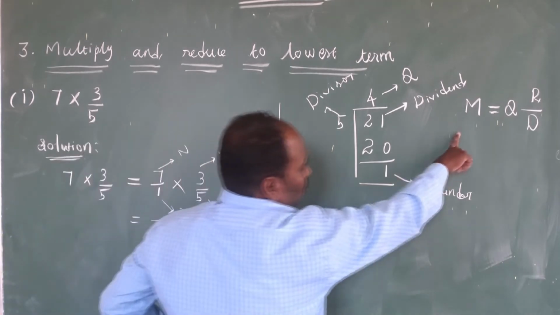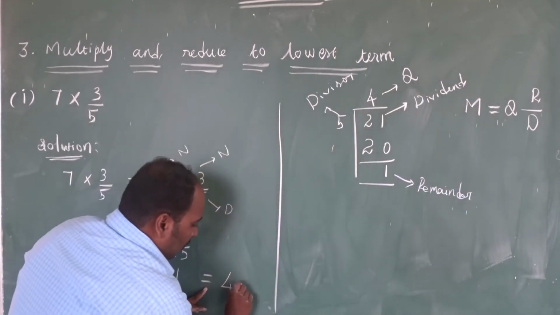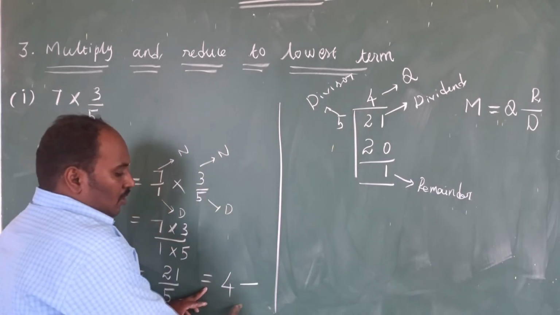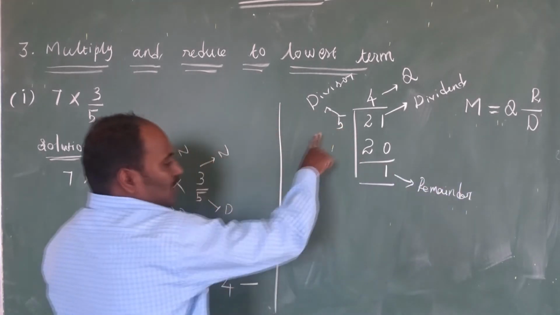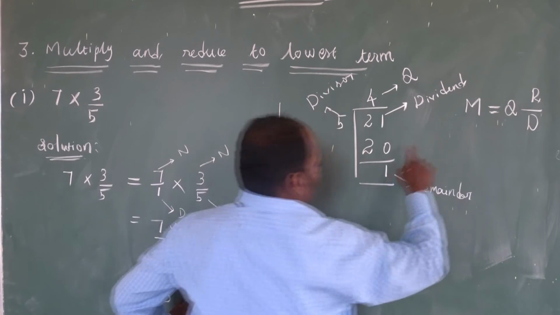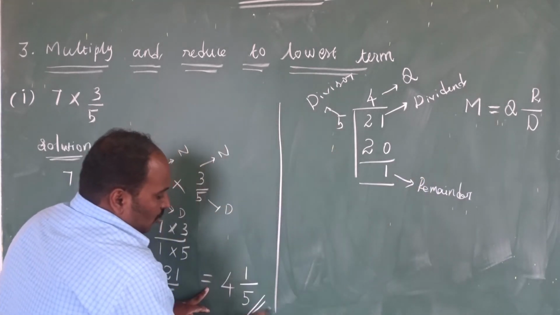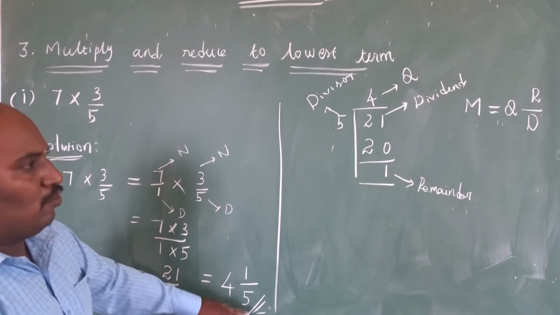Mixed fraction is equal to Q, Q is equal to 4, then divided by the divisor. Our divisor part is 5. Then remainder, the remainder is 1. So our answer is 4 into 1 by 5.